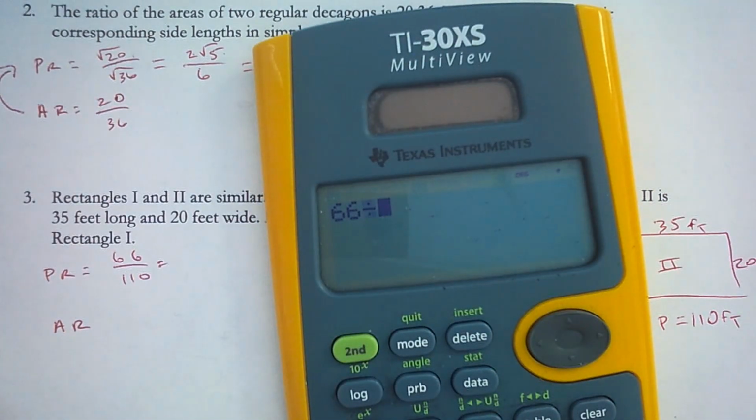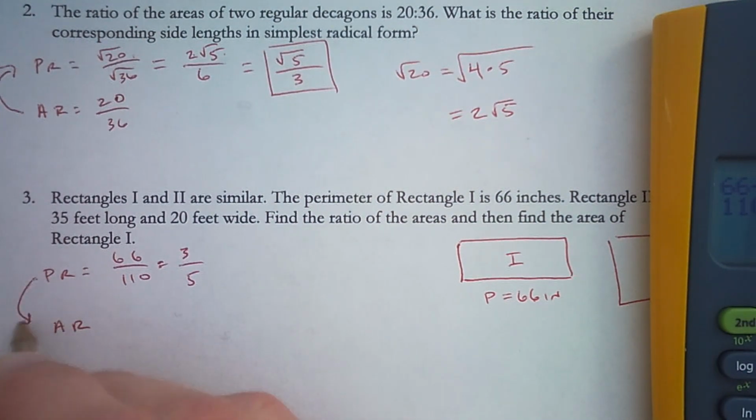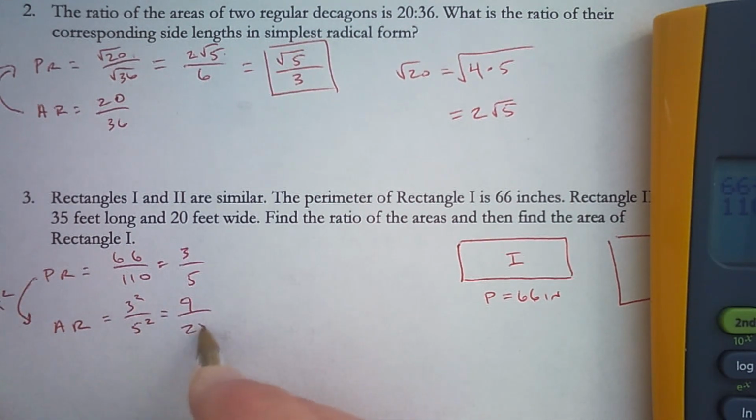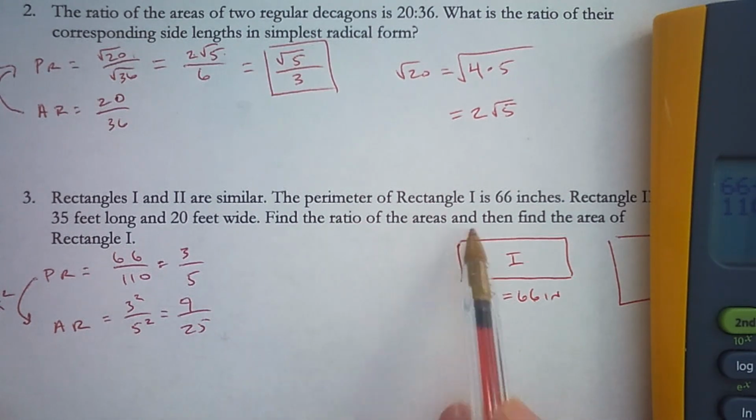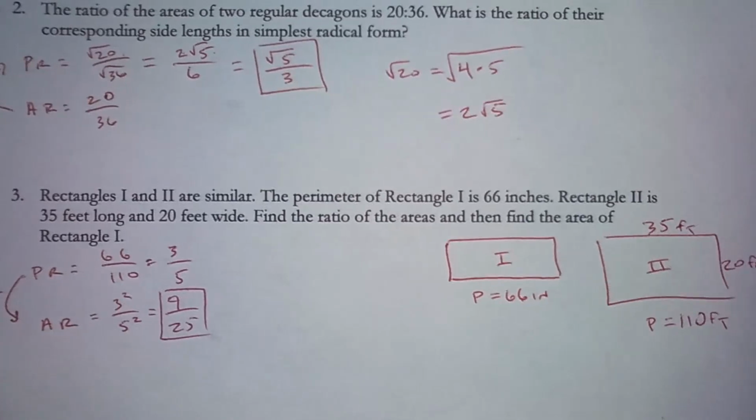So let's use that. 66 divided by 22 is 3, and 110 divided by 22 is 5. So that simplifies to 3 over 5. Now to get the area ratio, we will square those. So 3 squared over 5 squared is 9 over 25. So it did say find the area ratio, so I'll put a box around that.